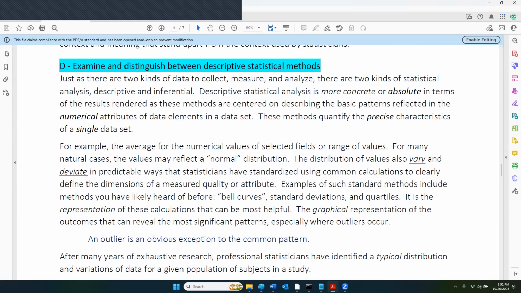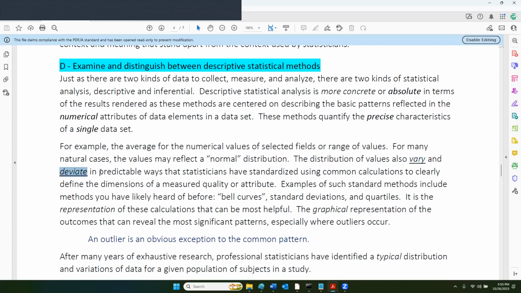And in measurements, quite often the data is distributed in a normal or typical manner. So the people that study statistics, they measure this and they graph it, right? And they take the different values for a data set and they calculate how much those values will vary or deviate.